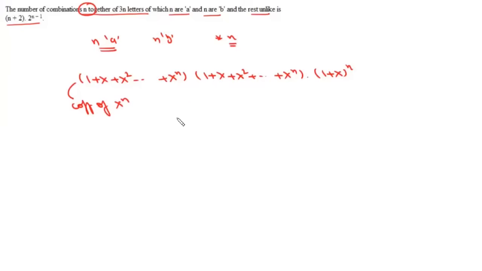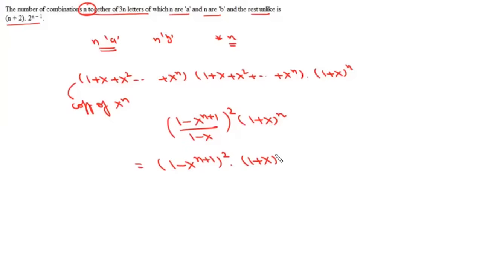Now we can write this as (1 minus x to the power n plus 1 upon 1 minus x) whole square into 1 plus x to the power n, and we can also write this as (1 minus x to the power n plus 1) whole square into (1 plus x) to the power n into (1 minus x) to the power minus 2.